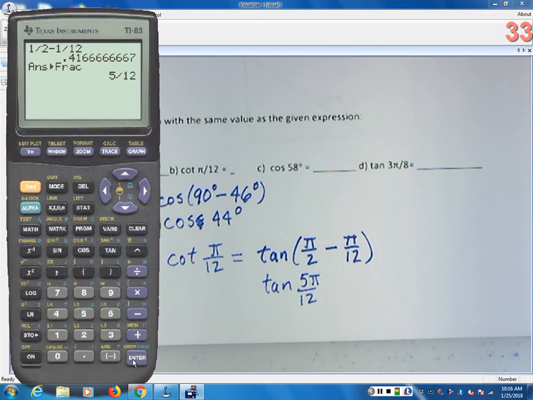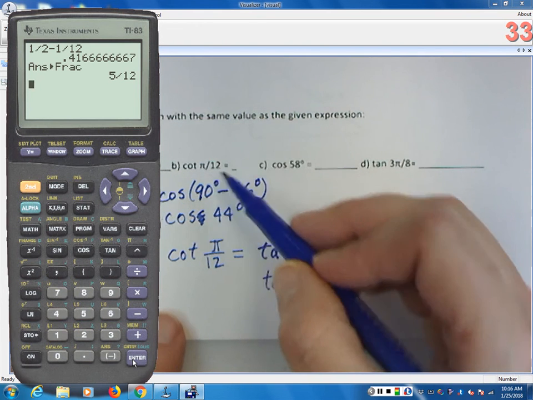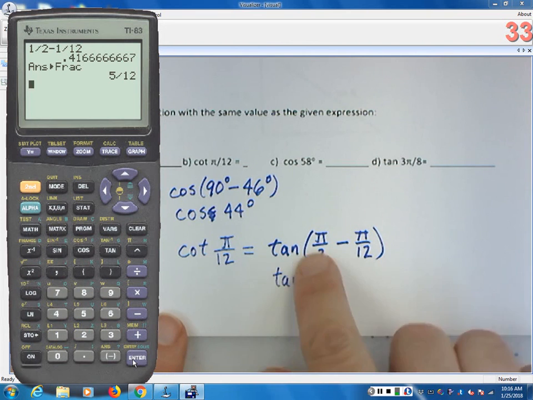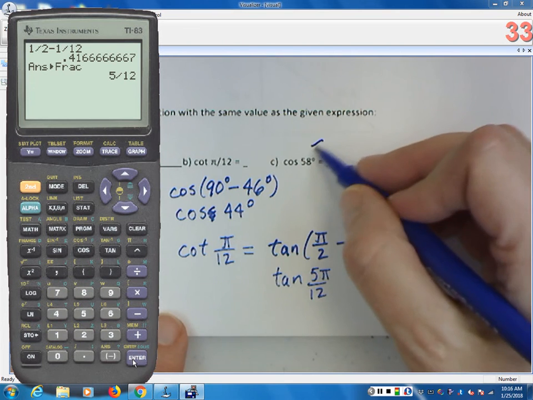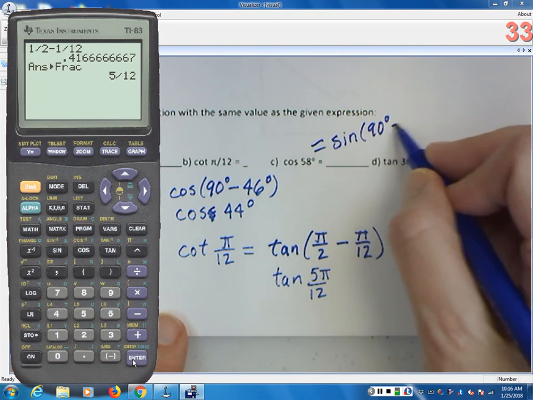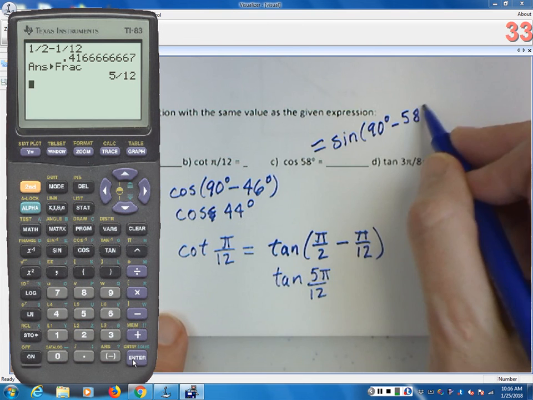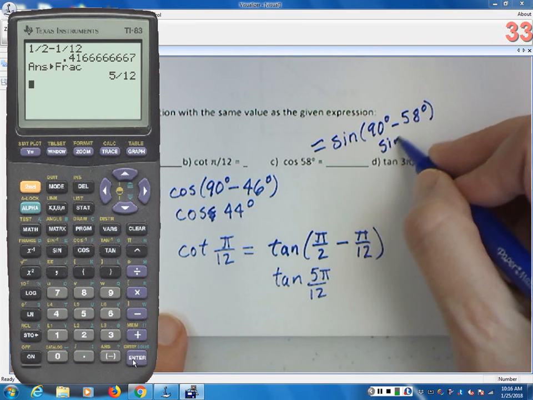Again, if it's given to us in radians, we're going to subtract from pi over 2. If it gives it to us in degrees, we're going to subtract from 90. This is going to be sine of 90 minus 58, and that's the sine of 32 degrees.